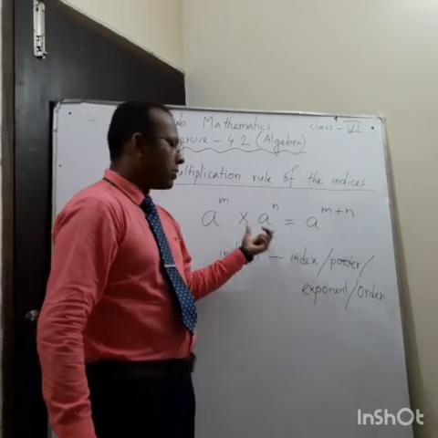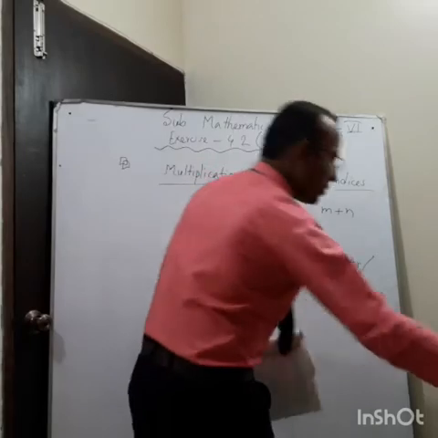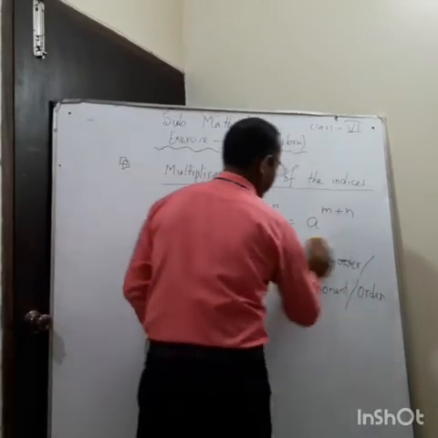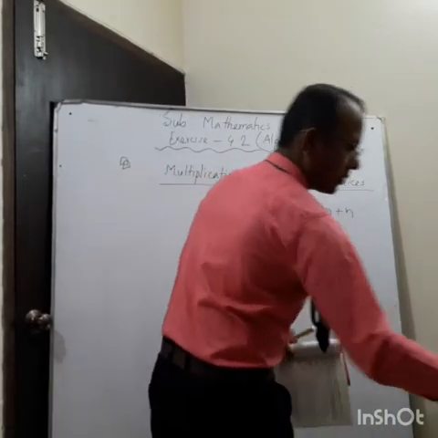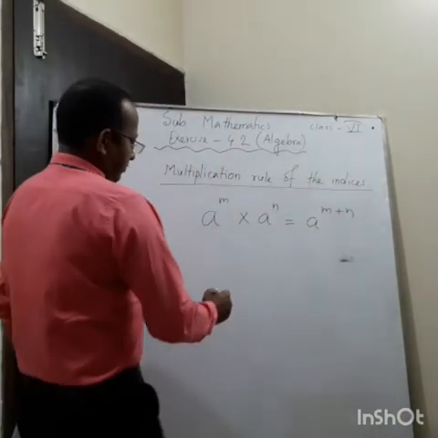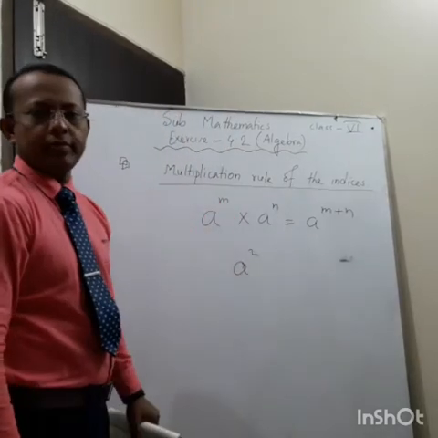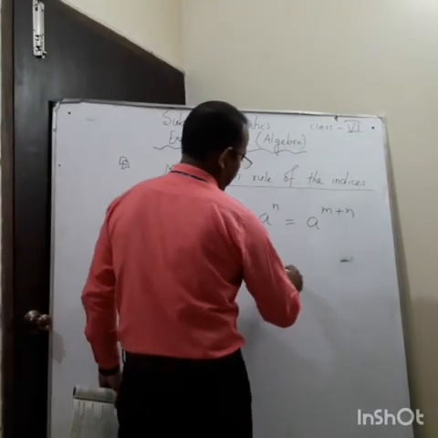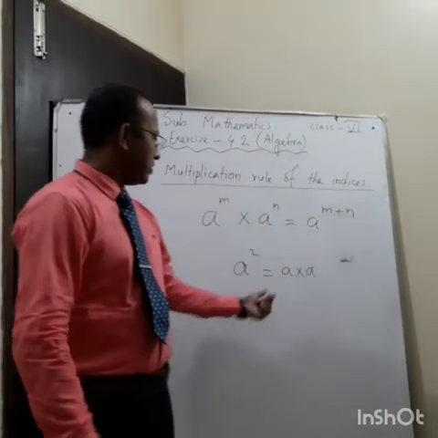What is index or power and what is base? You must know. A squared: here A into A is in 2 times.